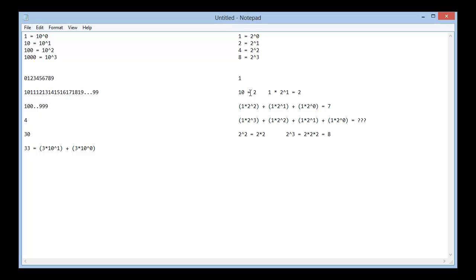Oh, and by the way, this 0, for those of you who don't understand powers, anything, it doesn't matter what number it is, when it's to the 0 power, any number to the 0 power just equals 1. So, 2 to the 0, 10 to the 0, it's always 1. As you can see. Okay?